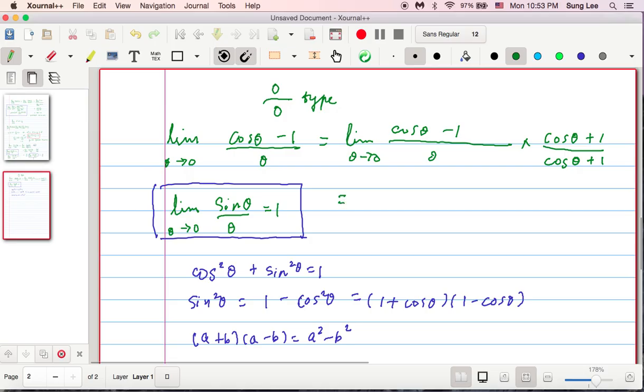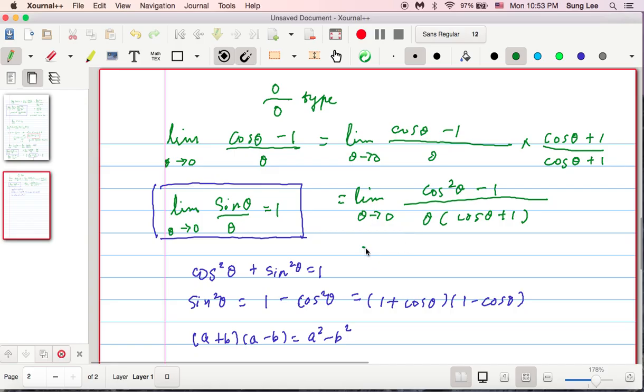That equals the limit as theta goes to 0 of cosine squared theta minus 1 over theta times cosine theta plus 1.